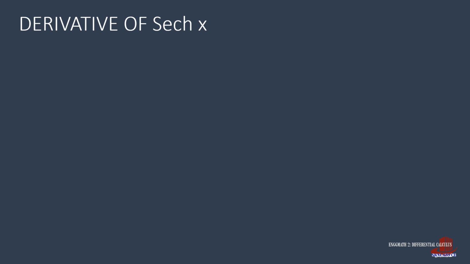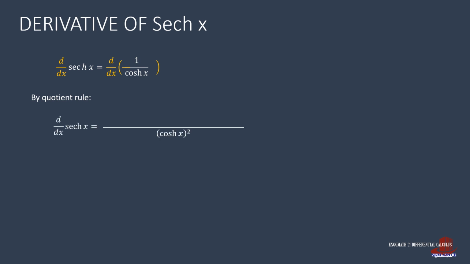Moving on in deriving the derivative of hyperbolic secant, this function is equal to the reciprocal of hyperbolic cosine. So since we have a rational expression, we use quotient rule once again. The denominator is the square of hyperbolic cosine. Then the numerator starts with hyperbolic cosine times the derivative of the numerator, which is 1.